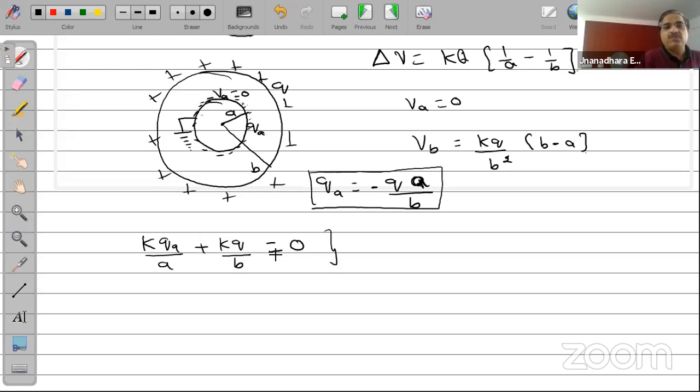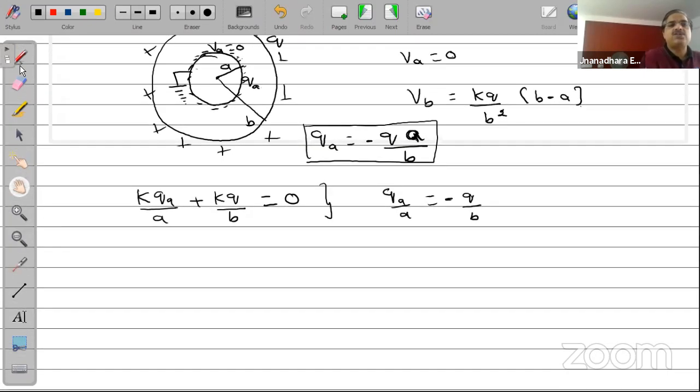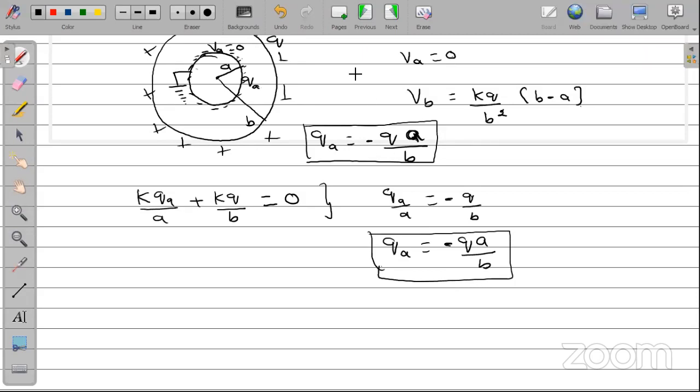Now, if you solve this equation, you get QA by A is equal to minus Q by B. Am I right? And therefore, the charge on the inner one, QA, is equal to minus QA by B. And that is why it is A by B and not B by A. Is that clear? Yes, sir. Okay.